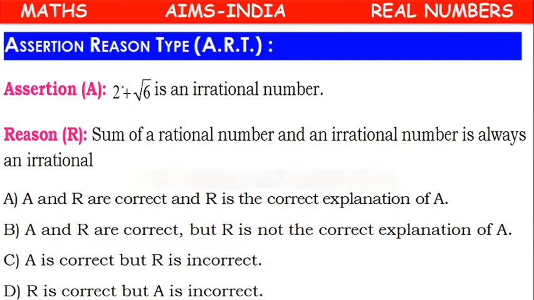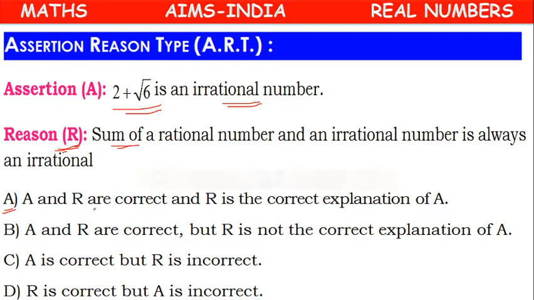Next question type, assertion reason type question. Here you will have one statement in the assertion, a reason in the reason statement, and you will have 4 options.